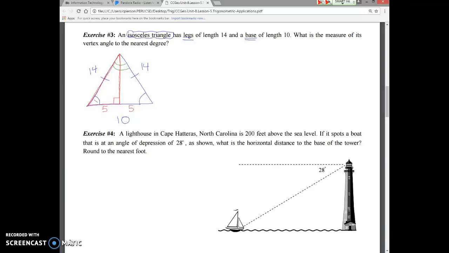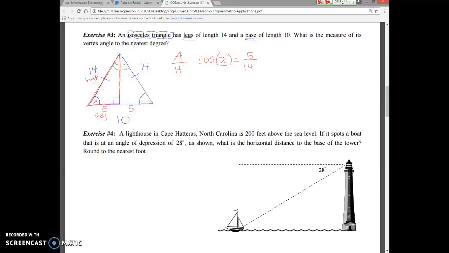If we find this angle measure, I will call it x, we are using the adjacent and the hypotenuse. So if we compare the adjacent and the hypotenuse, we're finding the cosine of x. And the adjacent is 5 and the hypotenuse is 14.